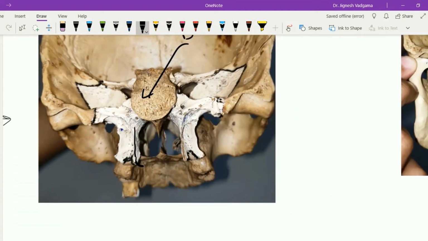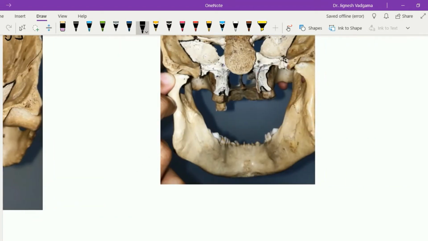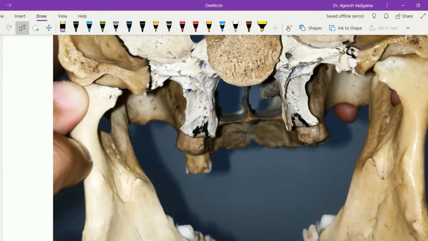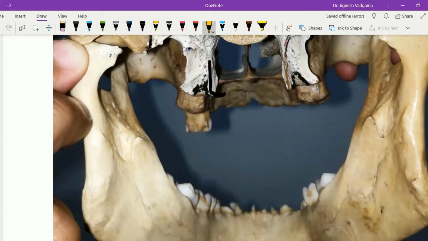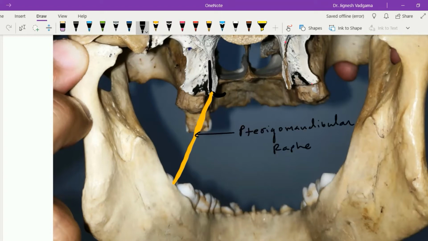Let's see the attached mandible in the same figure. Here, this is the posterior part of the medial pterygoid plate, and this is the pterygoid hamulus, and from the pterygoid hamulus one raphe extends behind the third molar tooth. This raphe is called the pterygomandibular raphe because it extends from the pterygoid hamulus to the mandible itself. And in the mandible, this line is the mylohyoid line.